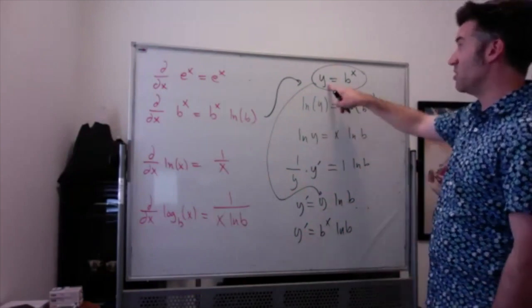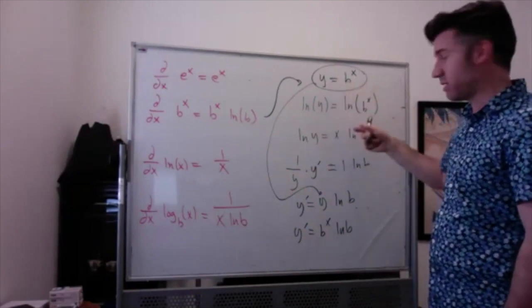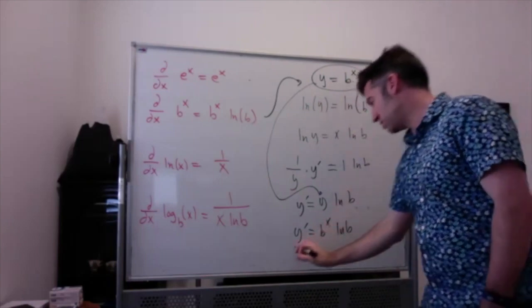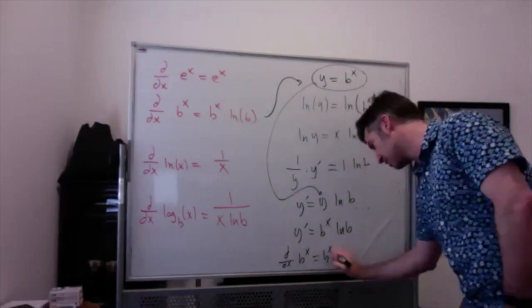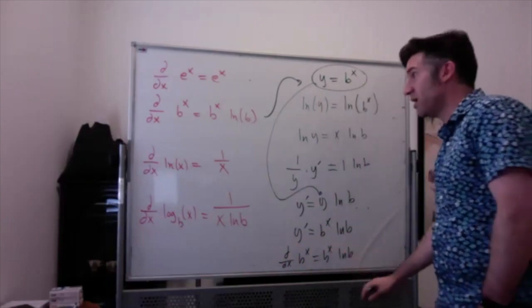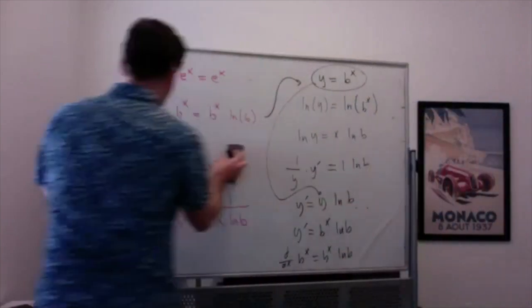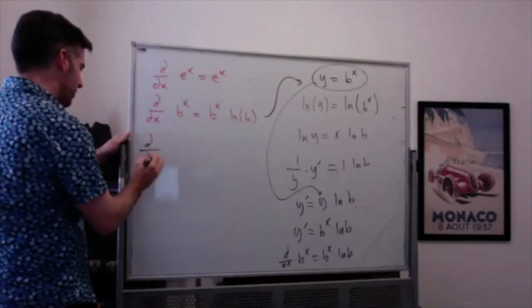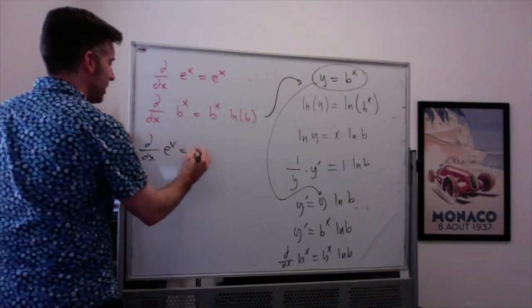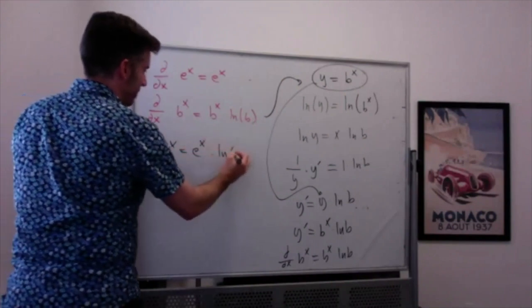But y prime is the derivative of b to the x. So the derivative of b to the x is b to the x times the natural log of b. And I will point out, it's true no matter what your base is, including e. The derivative of e to the x is e to the x times the natural log of e.